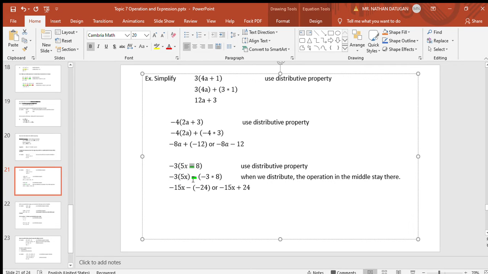So it has to have a minus here, and then we're going to multiply negative 3 with 8. Negative 3 times 8 is basically negative 24. So now we have negative 15x minus negative 24, or basically negative 15x plus 24.